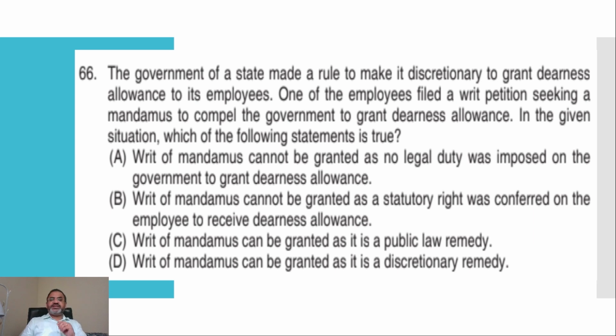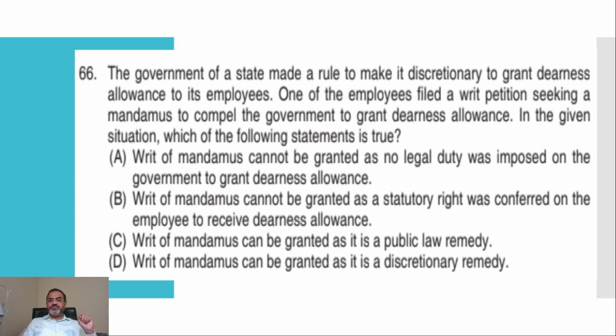Now, if you carefully examine the options here, you will come to the conclusion that option A is correct. Because it says writ of mandamus cannot be granted as no legal duty was imposed on the government to grant dearness allowance. The question makes it clear that it was discretionary to grant dearness allowance to employees, and that's why there was no legal duty to grant it.